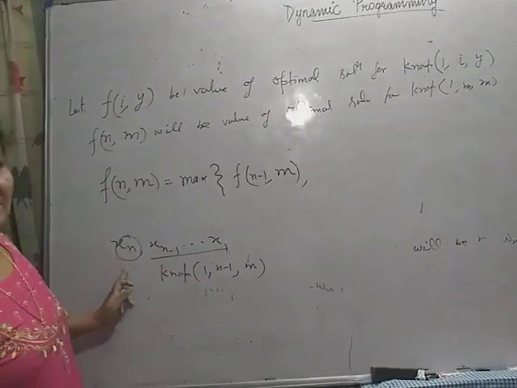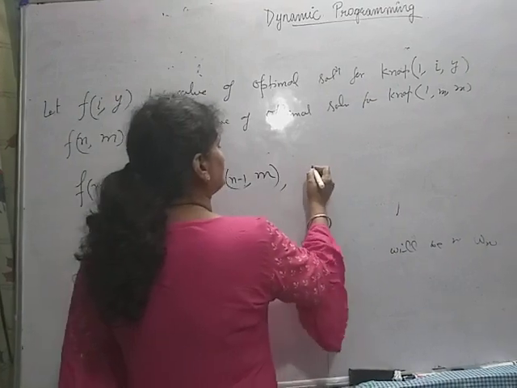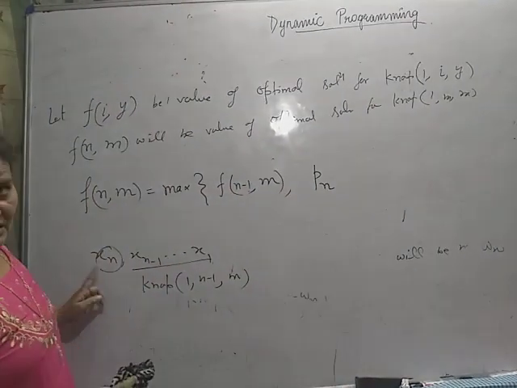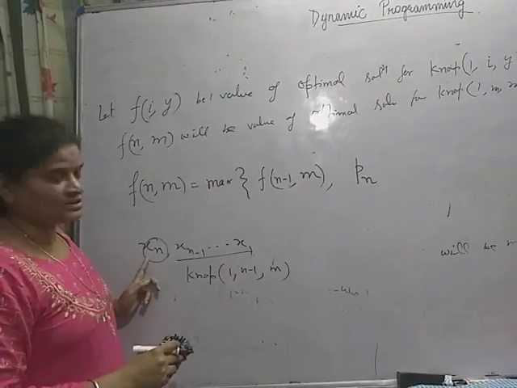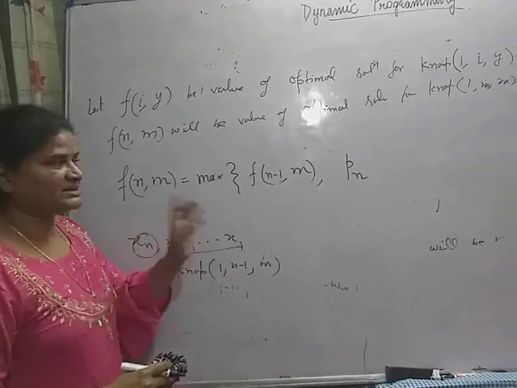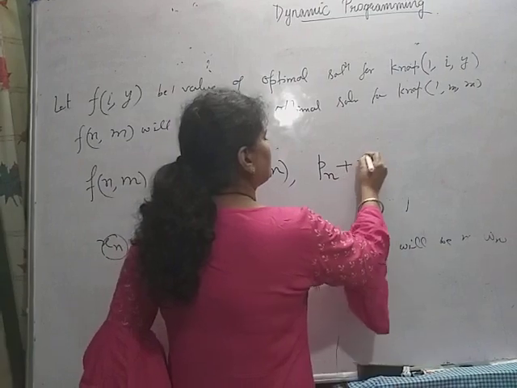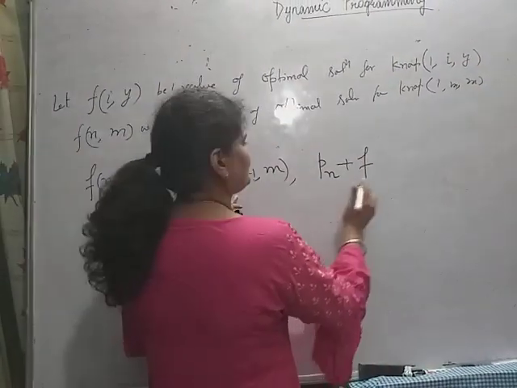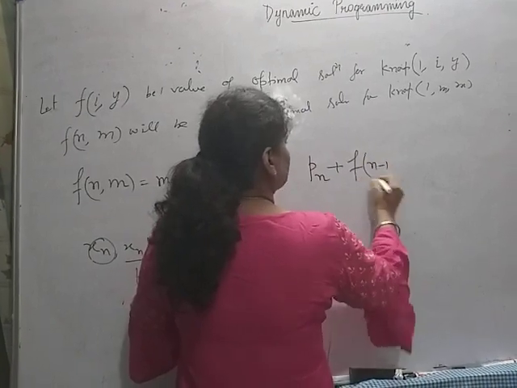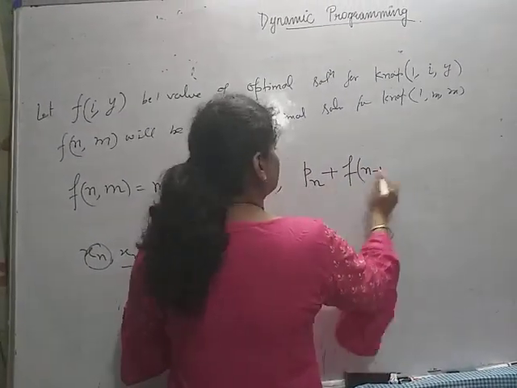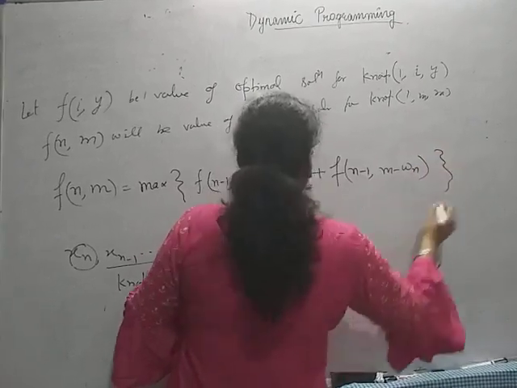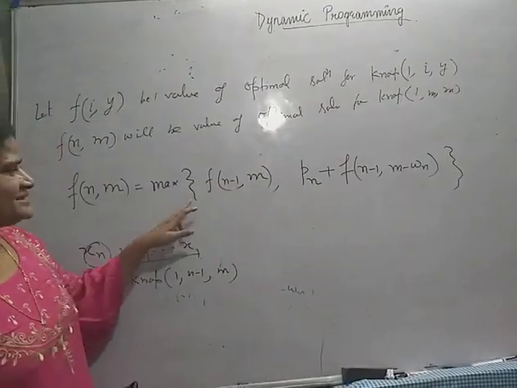If xn is included, then the profit earned is Pn, the profit associated with the nth object, plus F of n minus 1, with the capacity now reduced by Wn. Here we just solve this recurrence relation.